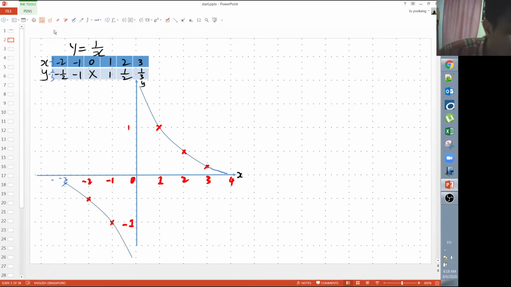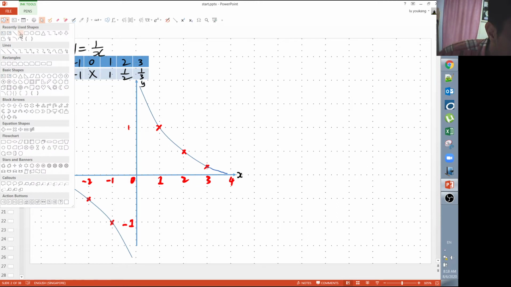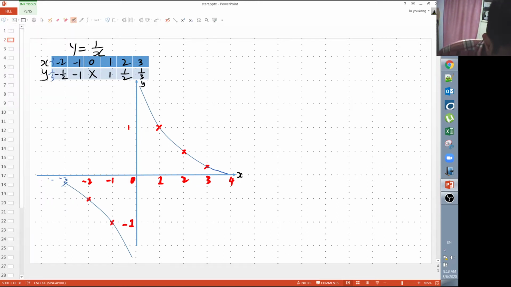Alright, and let me continue. Extend this. Alright, so this will be your y is equal to 1 over x. Okay, so this is your 1 over x.